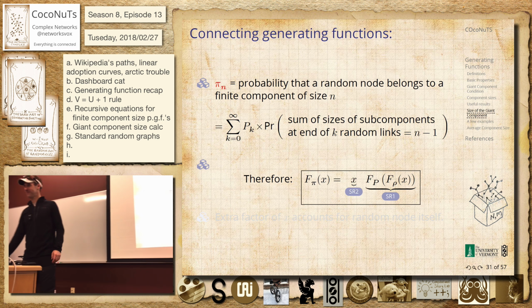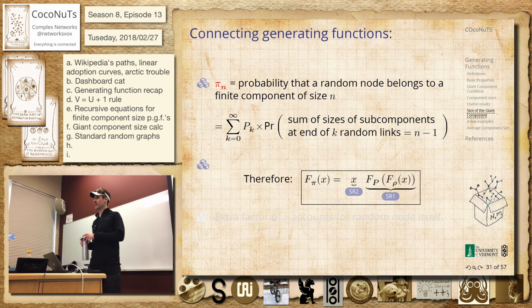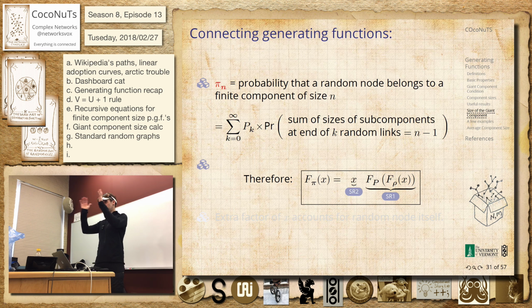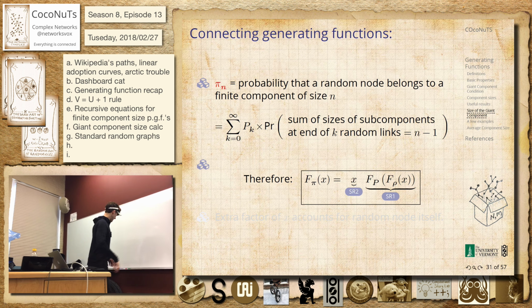Big P is the probability that a random link is finite. Big P is always going to be the probability that you go to your network and you choose a node that has degree k.